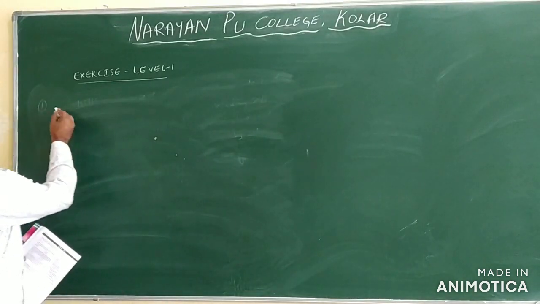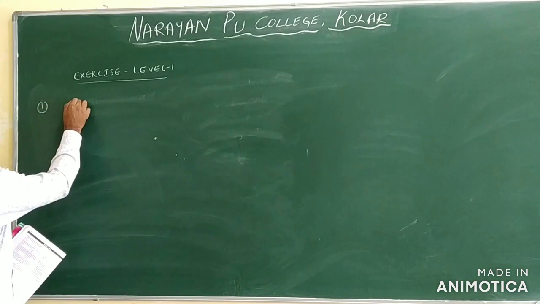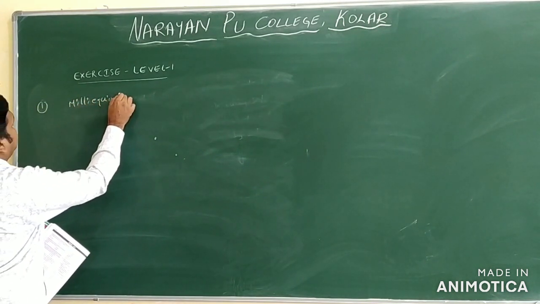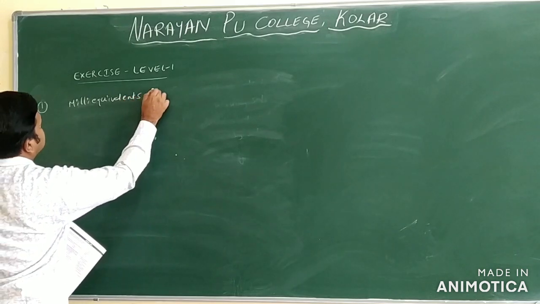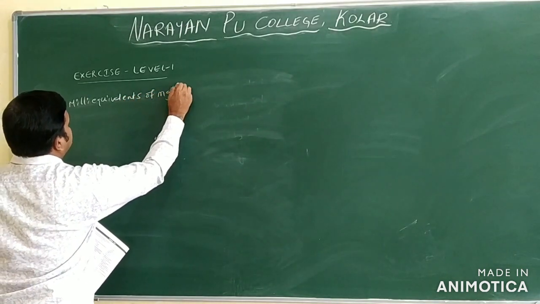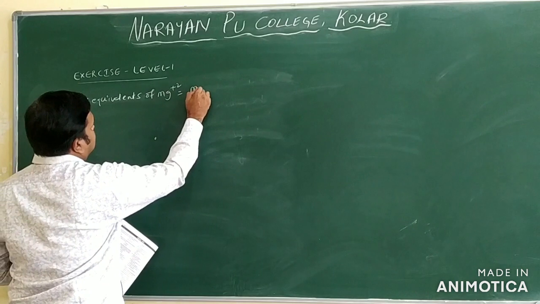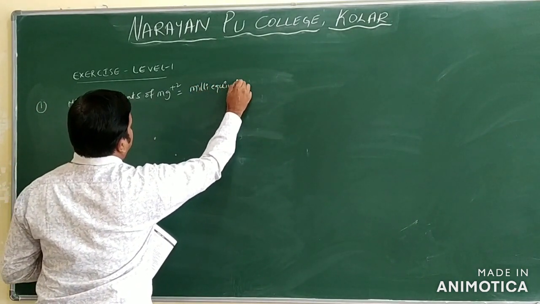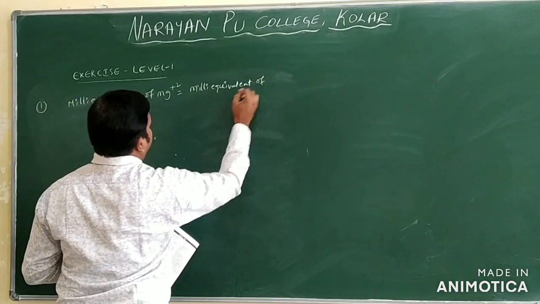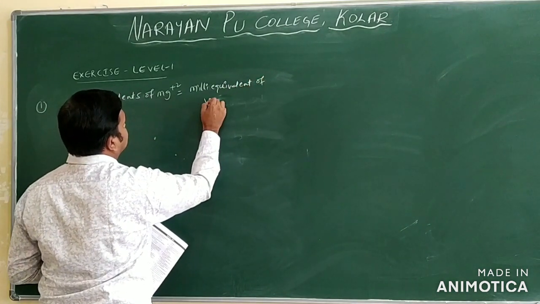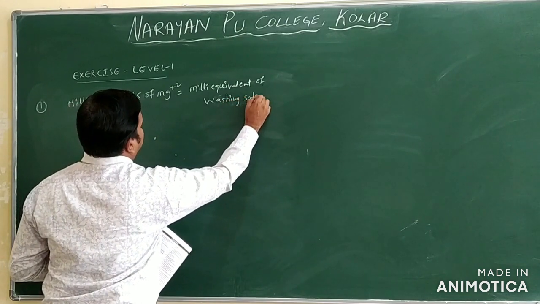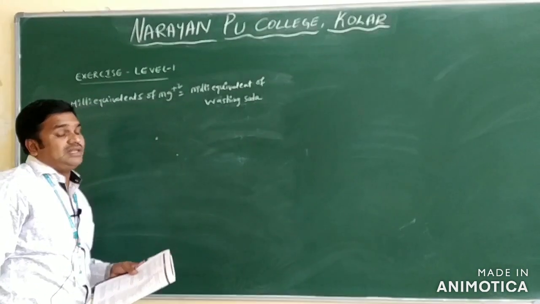From this, I will write here for question number 1: milli equivalents of Mg2+ is equal to milli equivalents of washing soda, that is sodium carbonate with 10 water molecules.